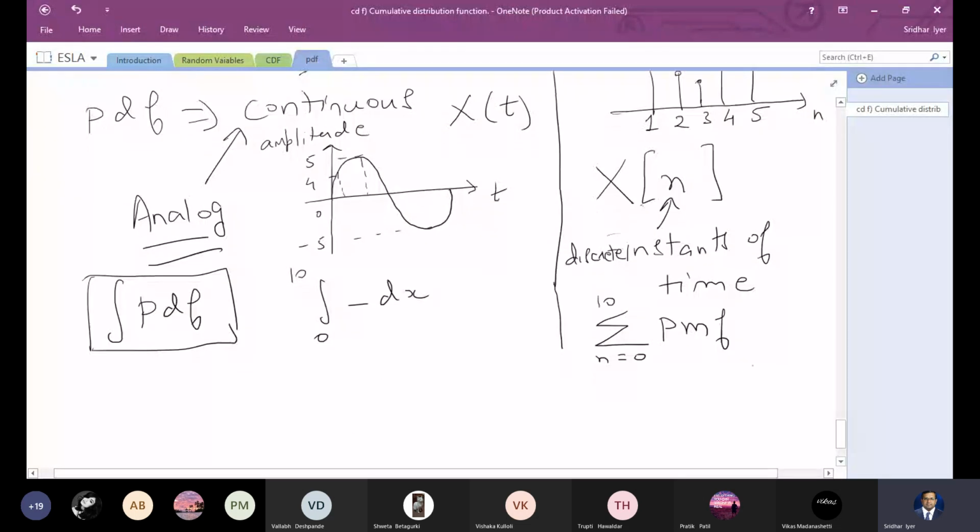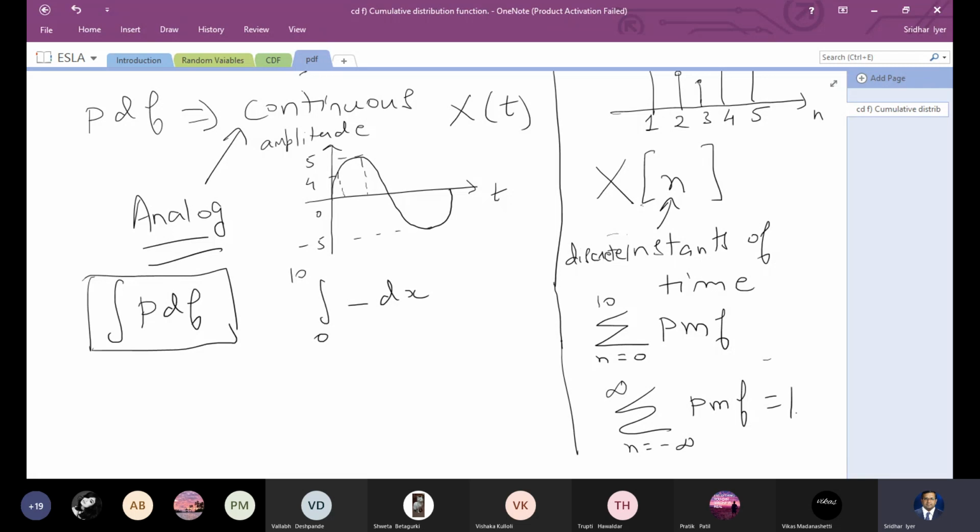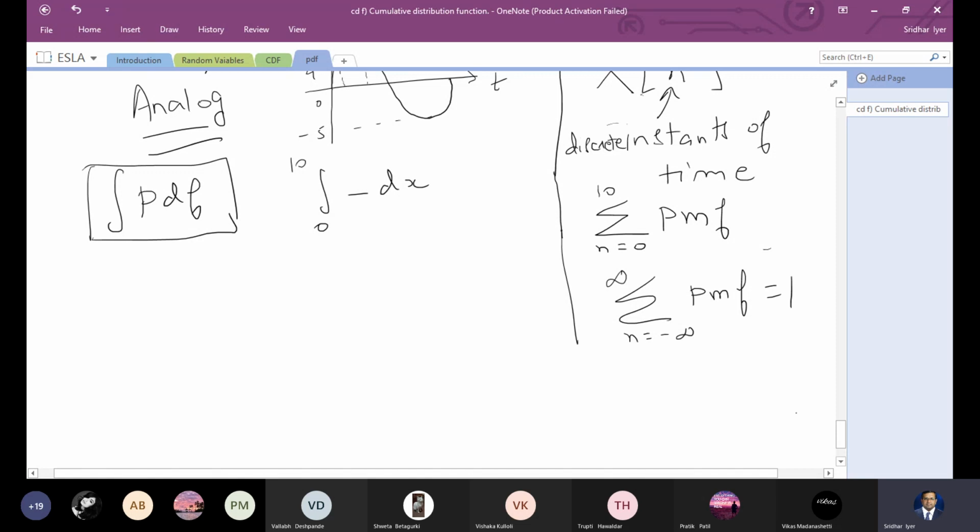The properties remain the same. For example, the summation over n from minus infinity to plus infinity of any PMF is always going to be 1. If you sum all the PMFs, the total value is always going to be 1. It will look like this.